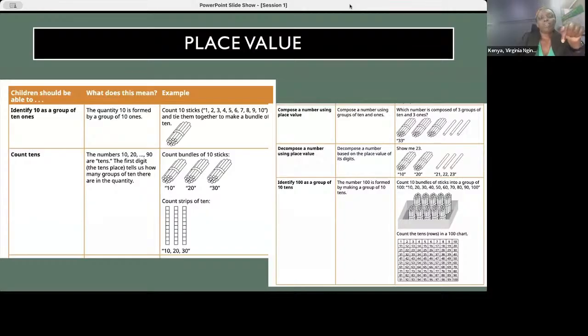We ended up completely switching our teacher training to only focus on playing with bundles and sticks until children can develop that concept before introducing what we would call the place value house, the cross that we do.